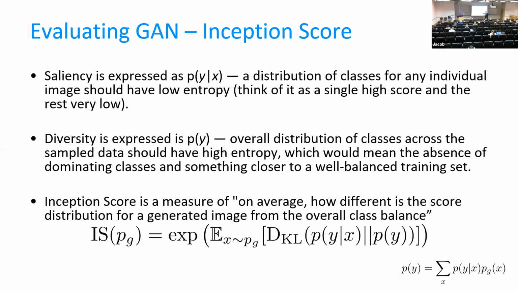Okay, any ideas what we might use as a model for P of Y given X? I'll give you a hint, it's not part of our GAN. We're going to have to use a separate deep learning model to calculate this inception score.